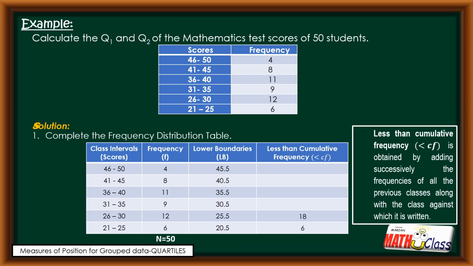Let us fill in the rest of the cumulative frequency column in the same way. 18 plus 9 is equal to 27. 27 plus 11 is equal to 38. 38 plus 8 is equal to 46. And 46 plus 4 is equal to 50. Remember that our last entry for this column should be equal to the value of our n, which is the total frequency.